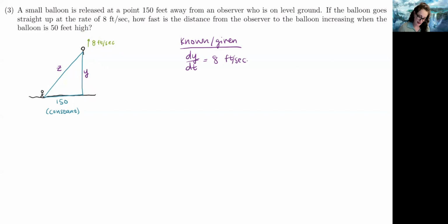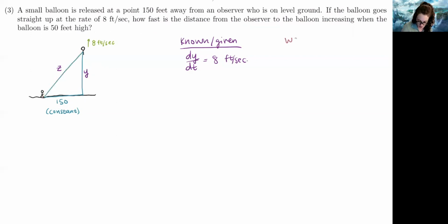Okay, then after the comma it says, how fast is the distance from the observer to the balloon increasing? Okay, so that's this. How fast is the distance increasing? That means rate, right? How fast, increasing, those are all rate words. So that means that we're looking for the rate of change of the diagonal distance of z.